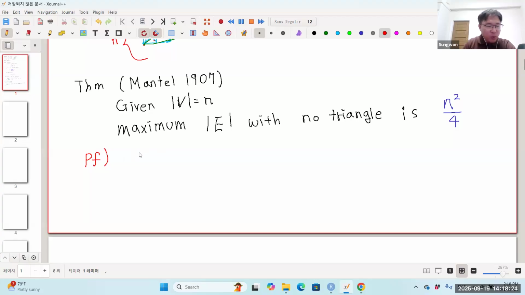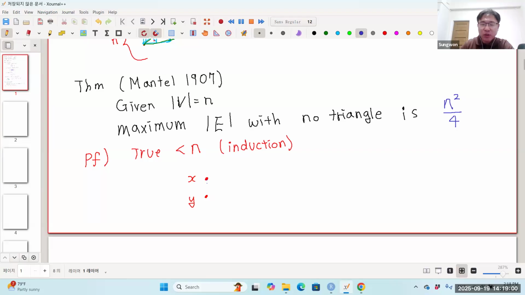Suppose this is true for anything less than n. This is an induction proof. You pick two vertices that have an edge between them, which I'm going to call x and y.